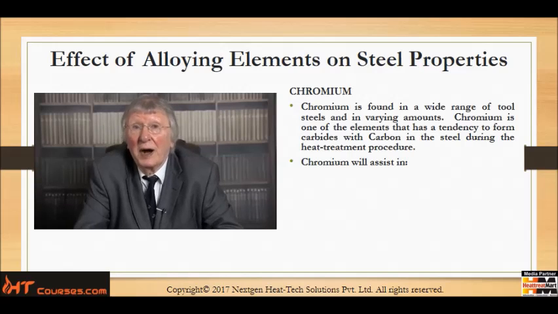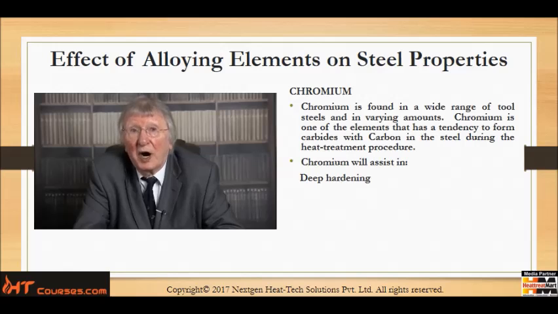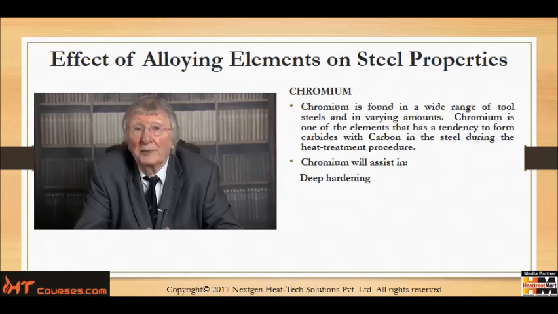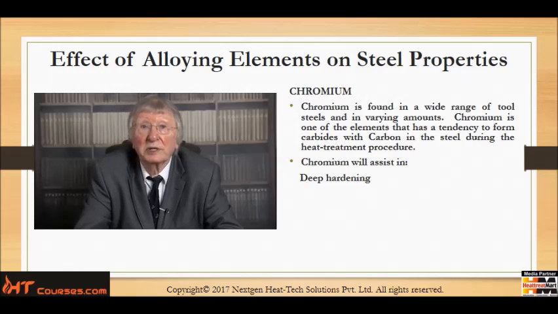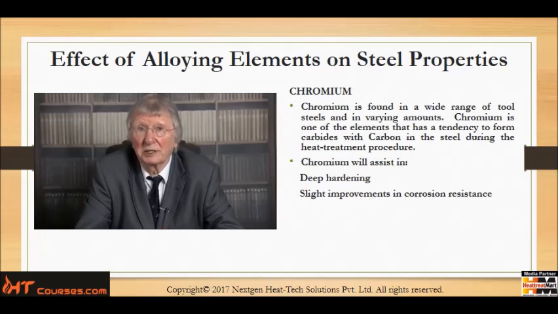Chromium will assist you in deep hardening, in other words, where you have diameters greater than, say, 25 millimeter. With high additions of chromium, you can almost get a uniform hardness value in materials slightly greater than 25 millimeter. There's a slight improvement in corrosion resistance.